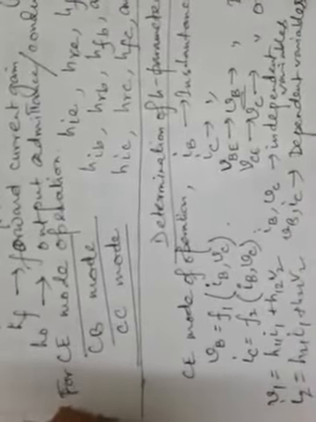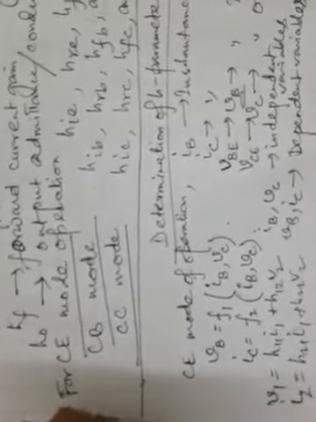This was one equation, the defining equations. And I2 is H21 I1 plus H22 V2. Here V1, V2, I1, I2 are indicated, and from these equations, V1 is the input port voltage.